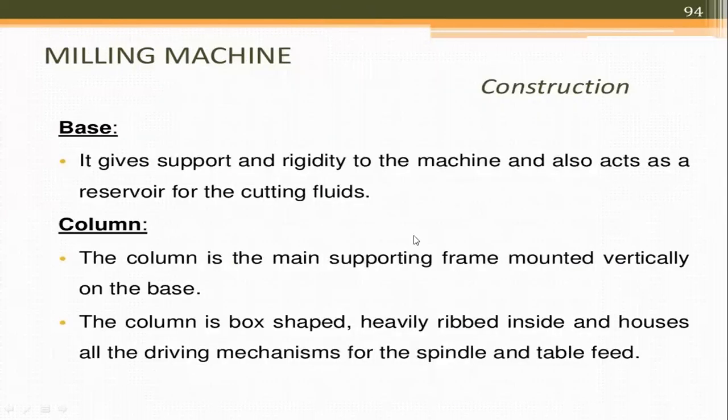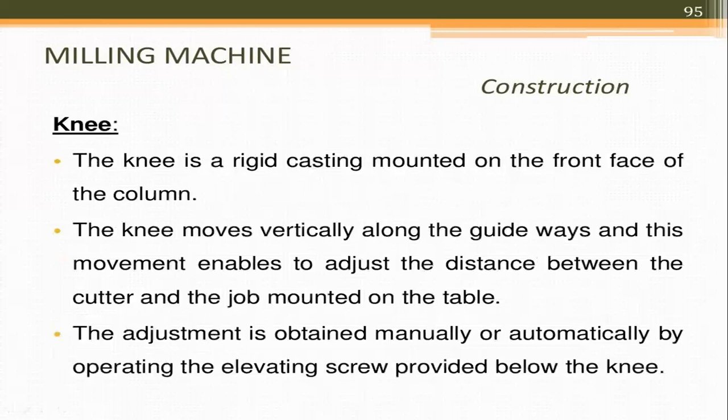Base. It gives support and rigidity to the machine and also acts as a reservoir for the cutting fluid. Column. The column is the main supporting frame mounted vertically on the base. The column is box-shaped, heavily ribbed inside, and houses all the driving mechanism for the spindle and the table feed. Knee.